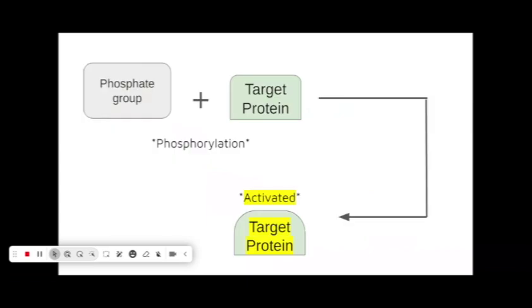And phosphate groups are really important in activating proteins because they change the shape and order of the amino acids, and this causes the function of the protein to change. And this is the main effect of the G protein coupled receptor from adrenaline. This process is called phosphorylation, adding a phosphate group to a target protein.